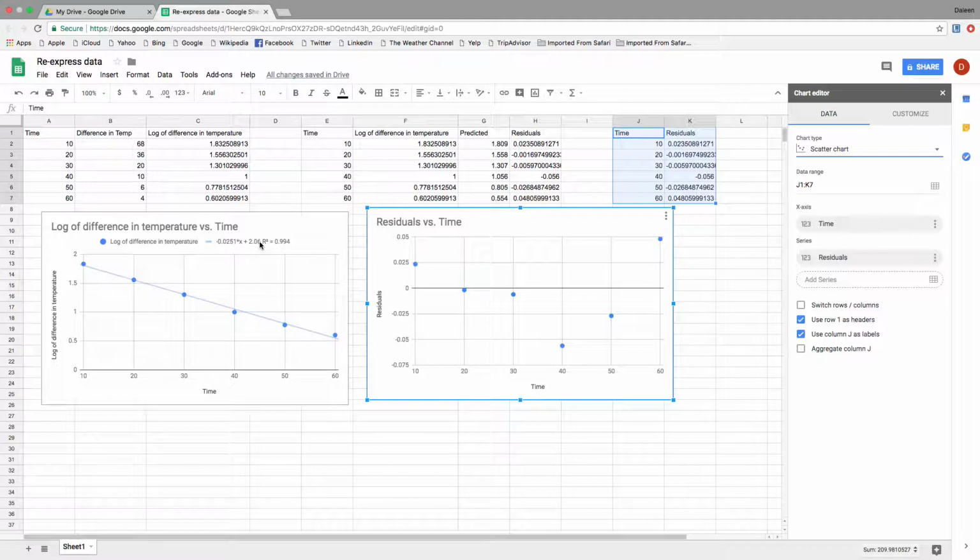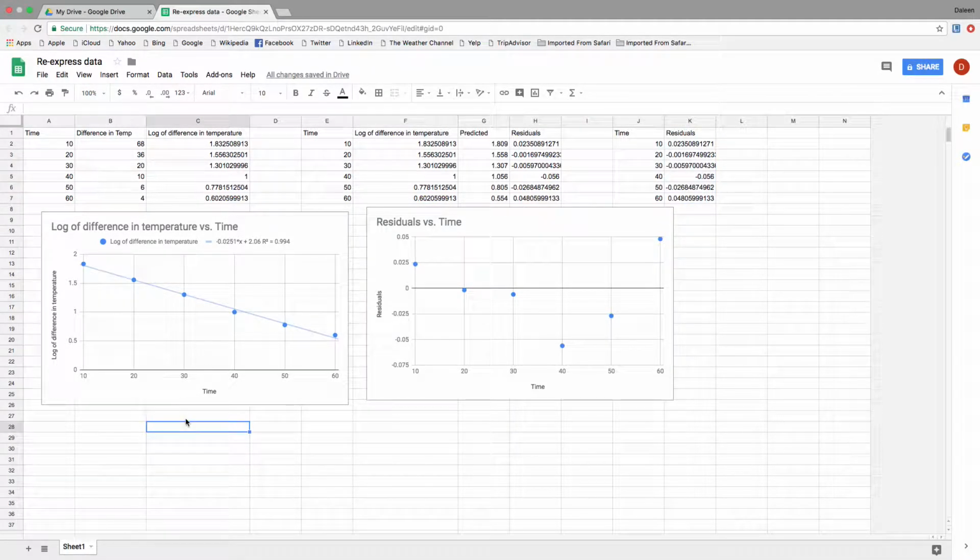So now, instead of using the difference in temperature on the y-axis, we're using the log of the difference in temperature. What this tells us is that our equation, I'll write that down here, our predicted log difference in temperature, which is also known as y hat, y with a little hat over it, equals negative 0.0251 times x, put a little x, plus 2.06.